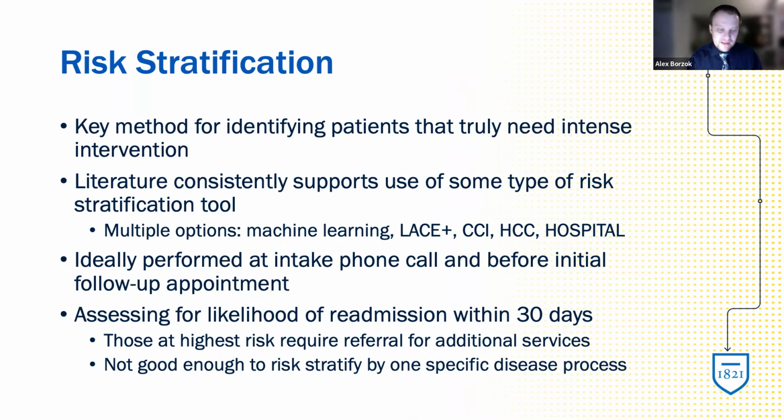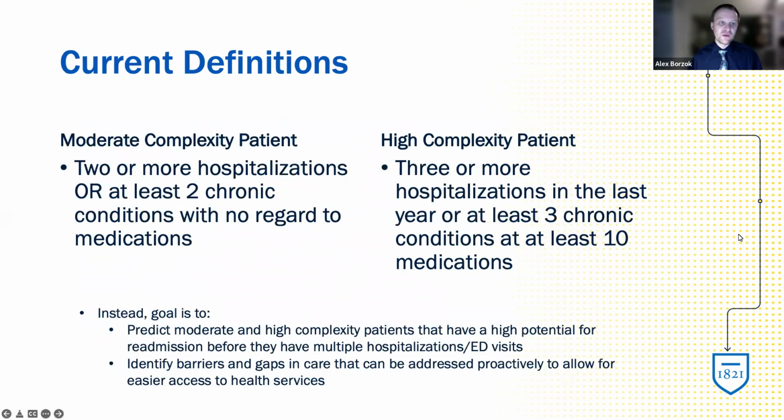So if you're directing that person to additional resources when they really don't need it, you are creating inefficiency. You are utilizing resources that could be better spent for another patient or better spent elsewhere for the same patient. So that's the big reason why risk stratification is so important.